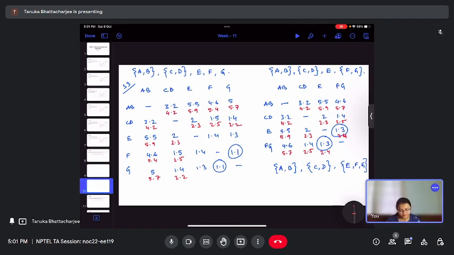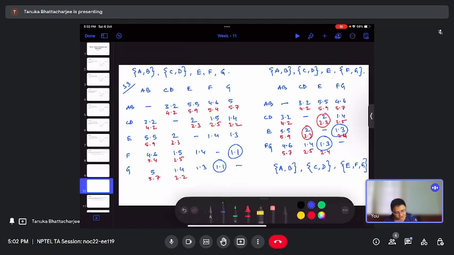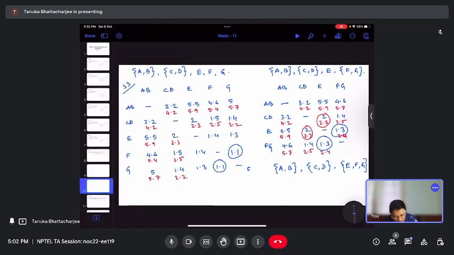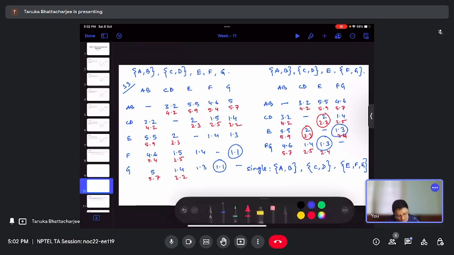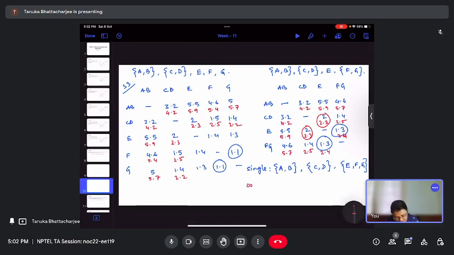Now you see the minimum in this is 2.3, which is the distance between CD and E. With single linkage, your clusters were this. Now with complete linkage, your clusters are AB together.